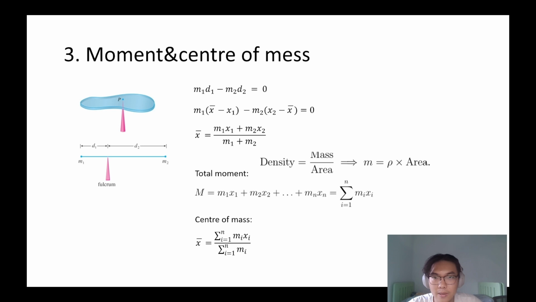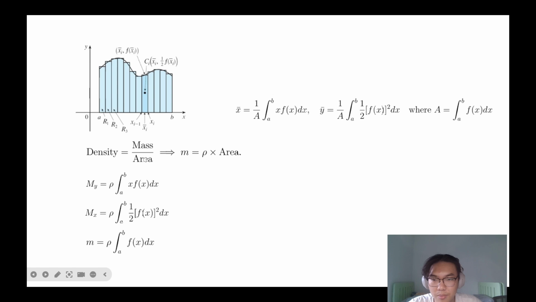If we want to find the moment and the center of mass in general, we can use the function for the general circumstance. The density is mass over area. We can use that to find the center x and y. The moment is about this function, and of course we're going to use integrals.